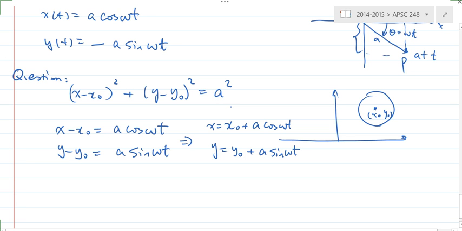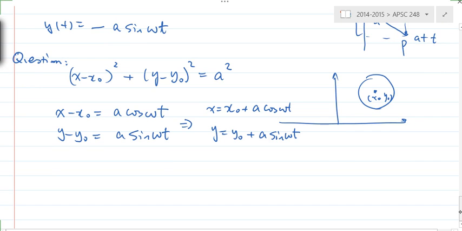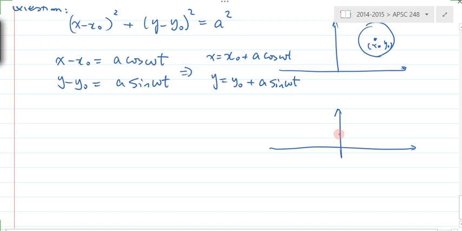Okay? So just food for thought, a quick question you can think about. If I have a trajectory here, and suppose that I want to describe a point P that starts here and moves clockwise at a speed of omega, what would be a suitable parametric equation to describe this motion?